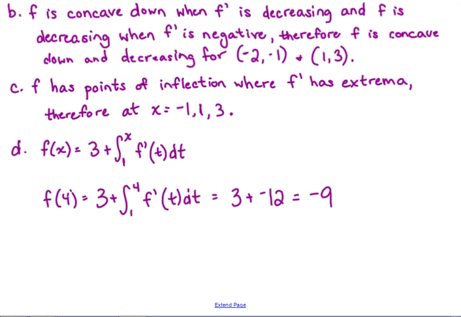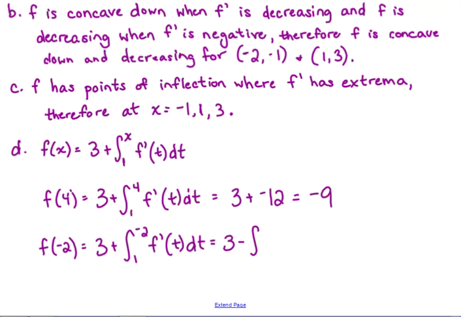And then they also want f of -2. So we've got 3 plus the integral from 1 to -2. Remember, they really, really like doing this. They love giving you one that's to the left of your starting point. So you have to make sure that you flip that interval over and put a negative in front of it.